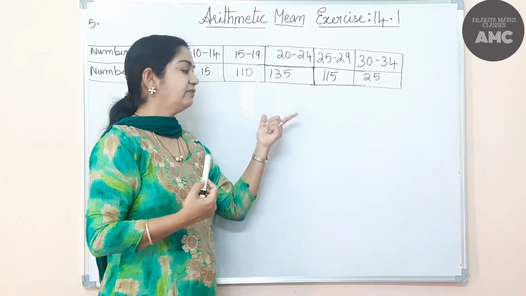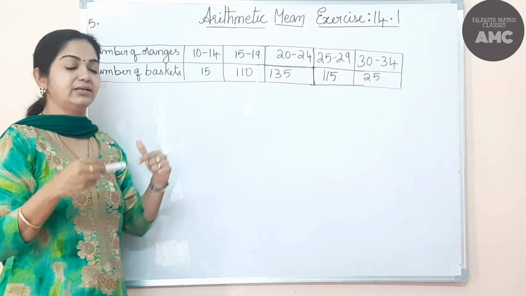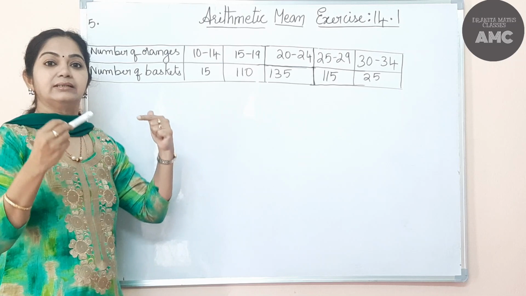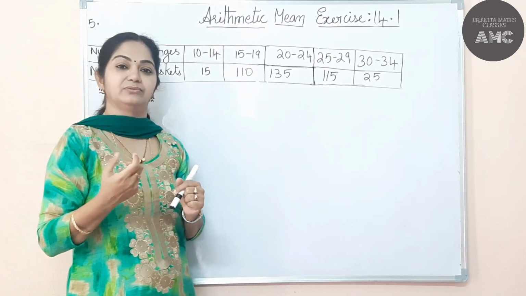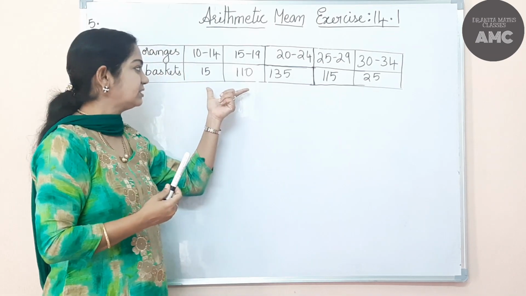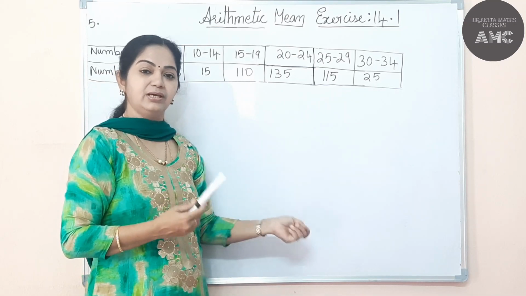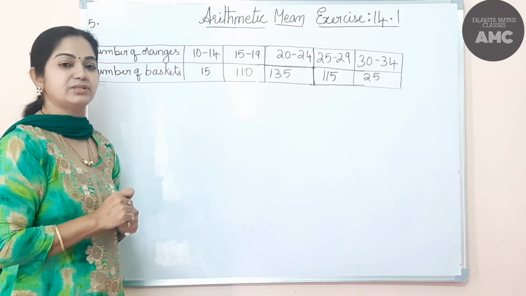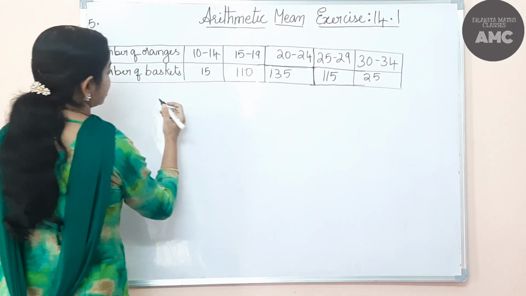So here we will be using the step deviation method, because in step deviation method the calculations are reduced to the u value, making the u value very simple. We will be reducing these f and x values to simpler terms. Now let's get started with the step deviation method.